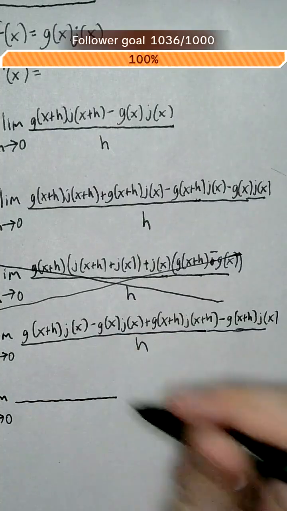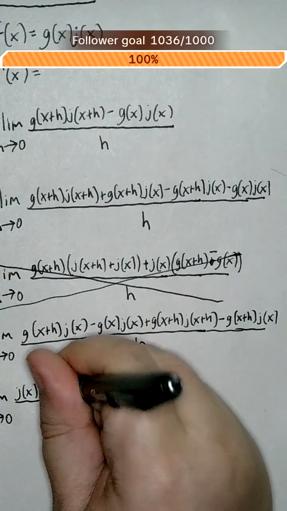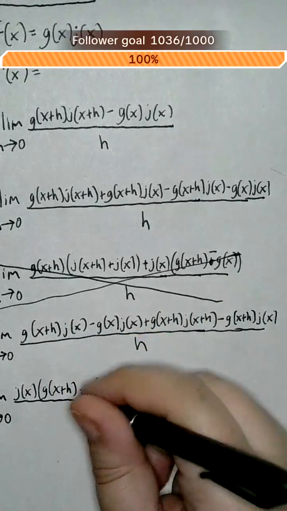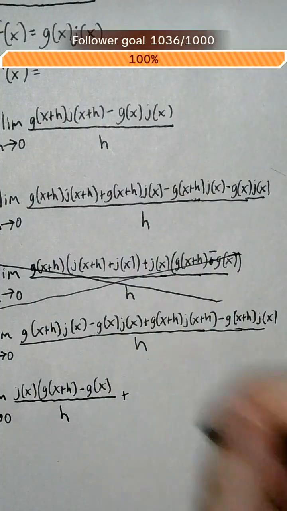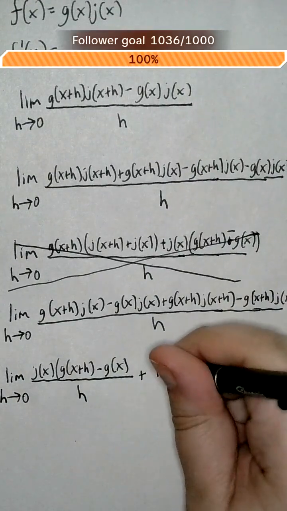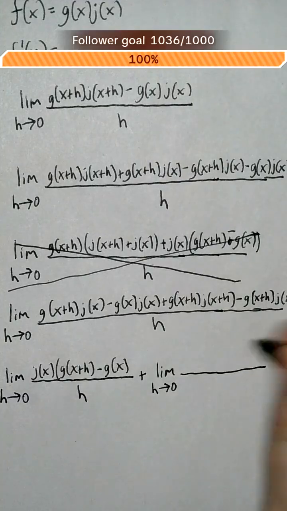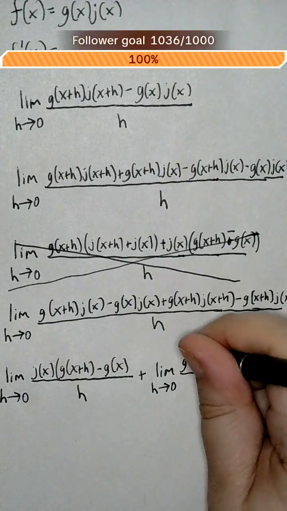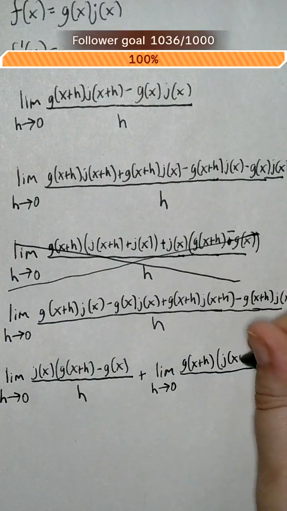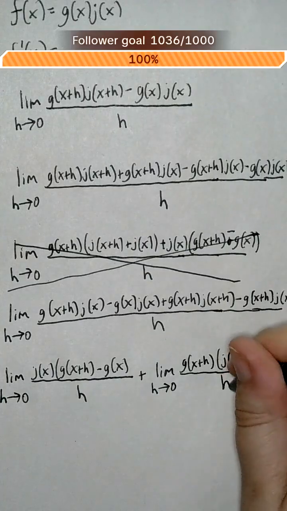I have j of x times g of x plus h minus g of x all over h, plus the limit as h approaches 0 of g of x plus h times j of x plus h minus j of x all over h.